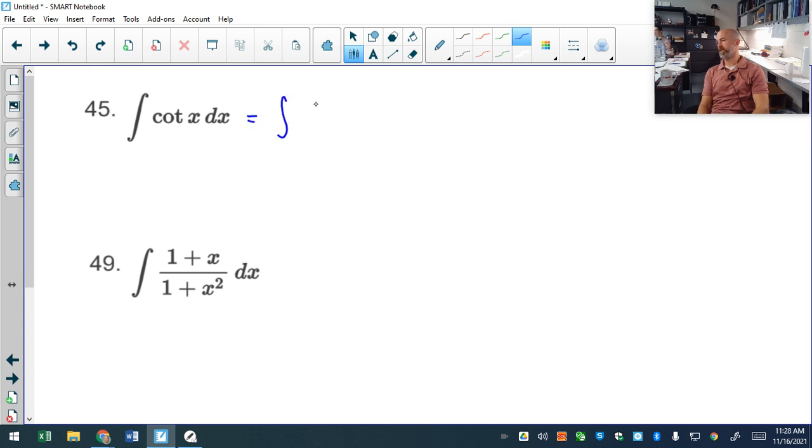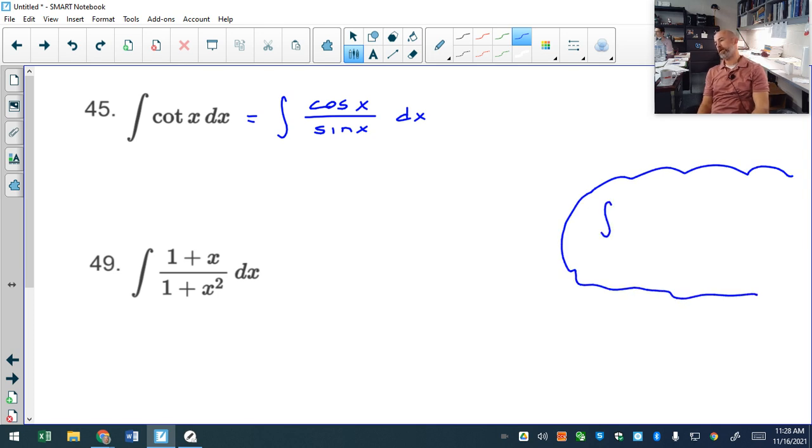Okay, cotangent is cosine over sine. And if I ever am doing the antiderivative of a fraction, I will always look first to see if the top is the derivative of the bottom, because if the top is the derivative of the bottom, then I recognize that as your derivative template for a natural log.